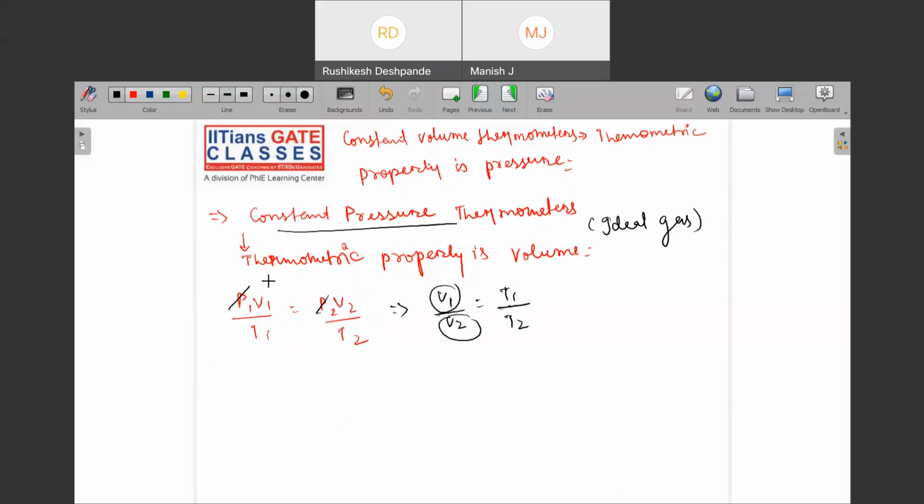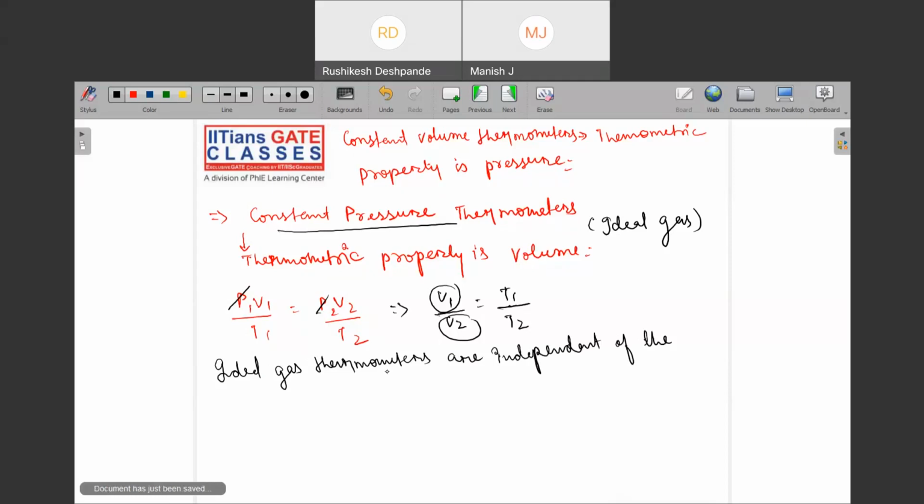So ideal gas thermometers are independent of the material of construction.